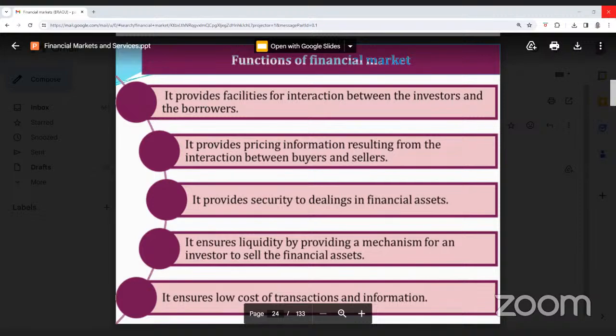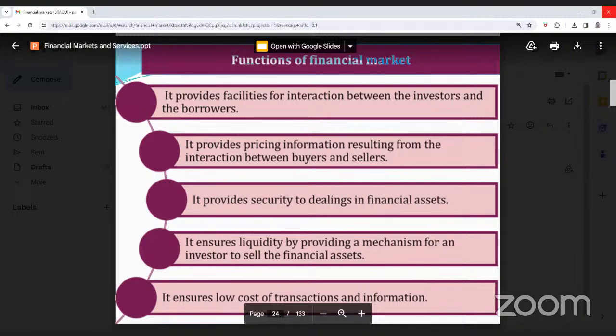I am investing, you come and borrow the money. If I am not there, how will the money reach the borrower? So the place is the financial market. The financial market provides the interaction between the two people. So the financial market is an intermediary between these two people.